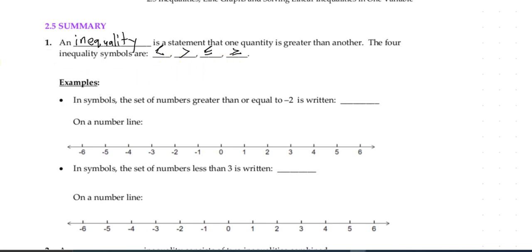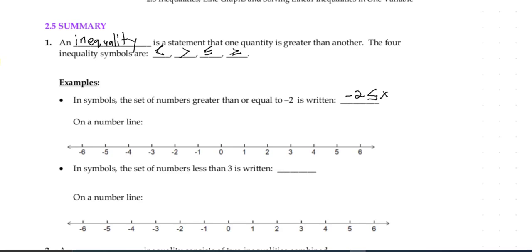All right. Then down here it says, in symbols, the set of numbers greater than or equal to -2. So greater than or equal to. Remember, I'm going to always point to the smaller value. So if we're saying x is the set of numbers, x is going to be to the right of this sign, right? The inequality always points to the smaller number and closes on the bigger number. Or my grammar school teacher used to say, it's like an alligator, and the alligator bites the bigger value, right?